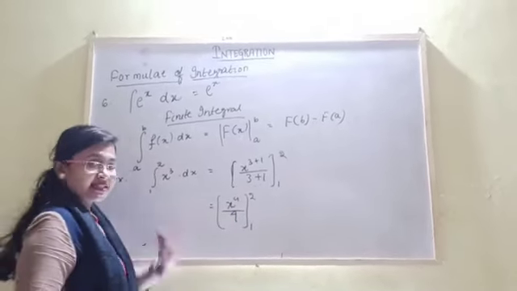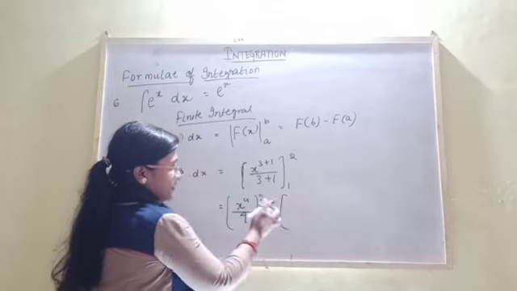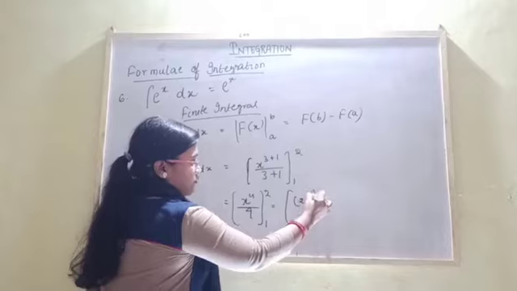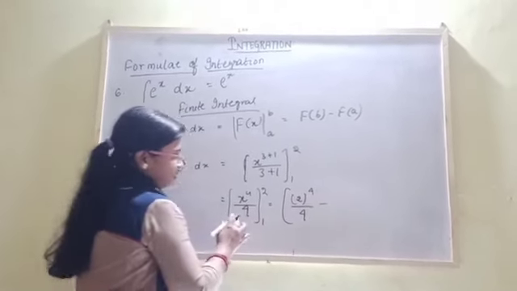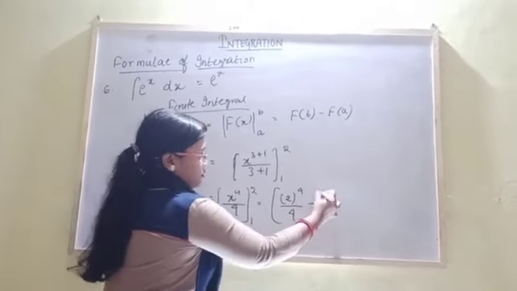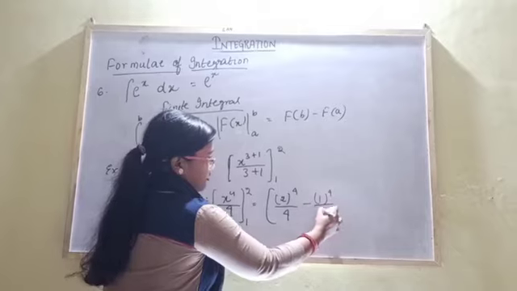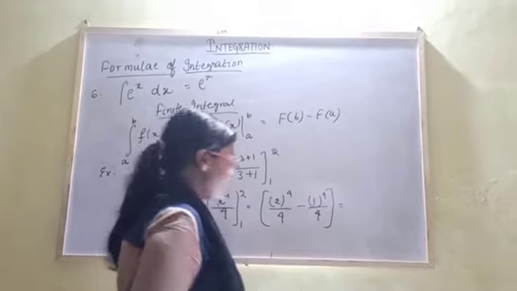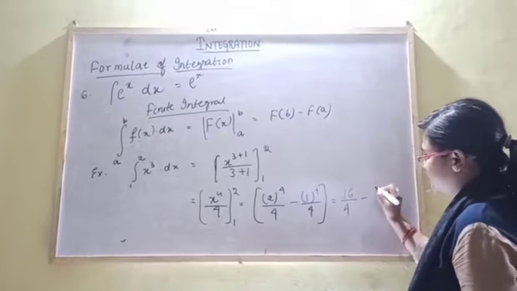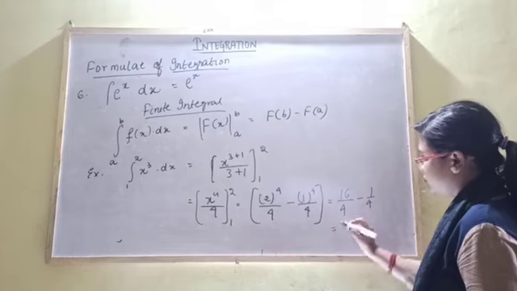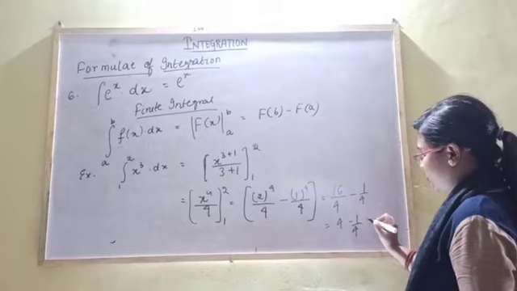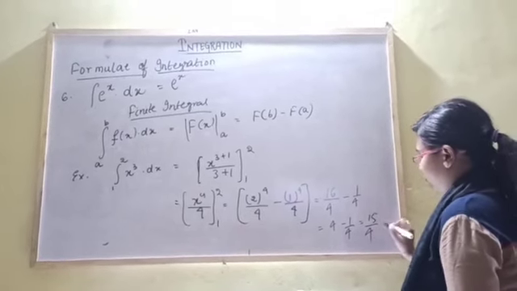Put the value of 2 in x, the upper limit, 2 to the power 4 by 4, minus the lower limit, 1 to the power 4 by 4. 2 to the power 4 is 16, so 16 by 4 minus 1 by 4 equals 4 minus 1 by 4, which equals 15 by 4.